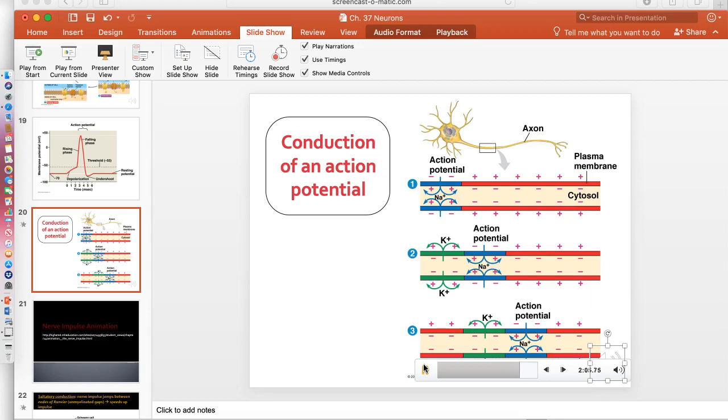Again, the potassium needs to cross over and go out to balance that out and get it back to the resting phase. So again, it's almost a little bit like a domino effect, I guess. Action potential is reached, then the falling phase of that, getting it back to the resting state, normal membrane potential, negative inside, positive outside.